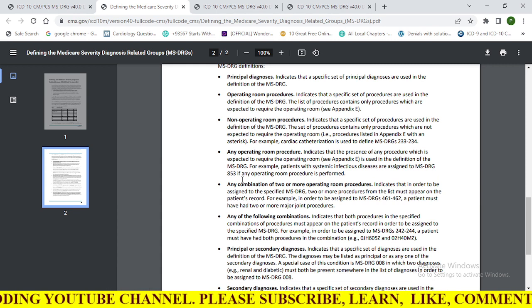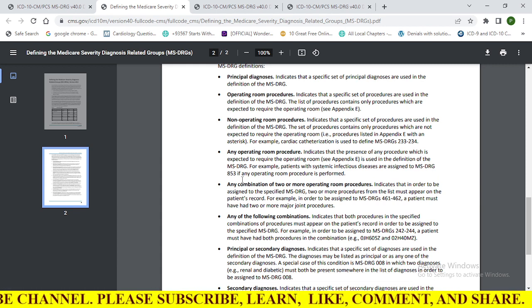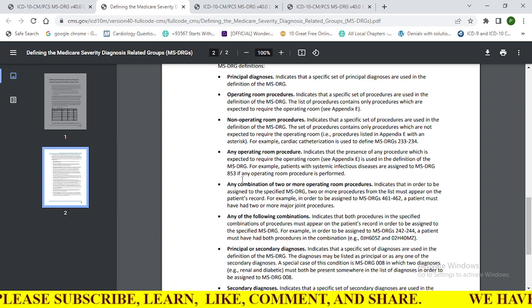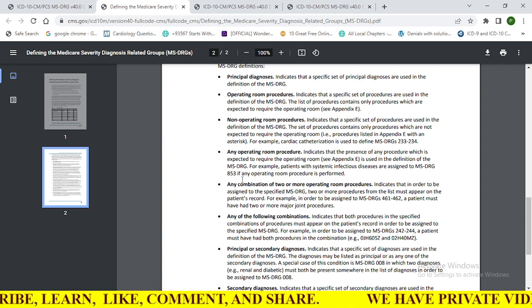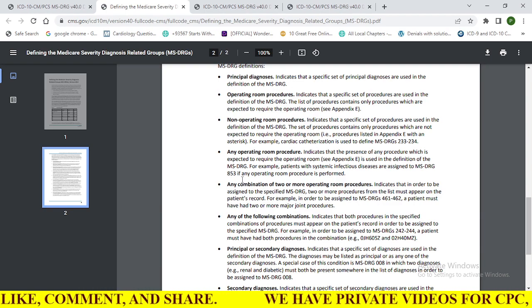In order to understand MSDRG, we need to understand a few definitions, which we are going to learn now. So what is principal diagnosis? Principal diagnosis indicates that a specific set of principal diagnoses are used in the definition of the MSDRG.